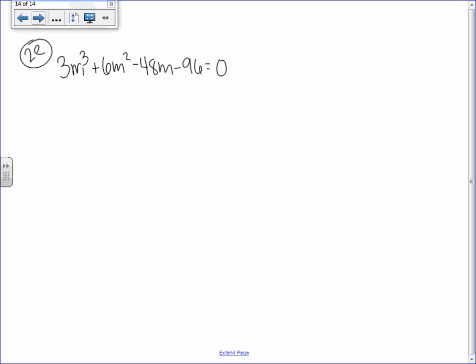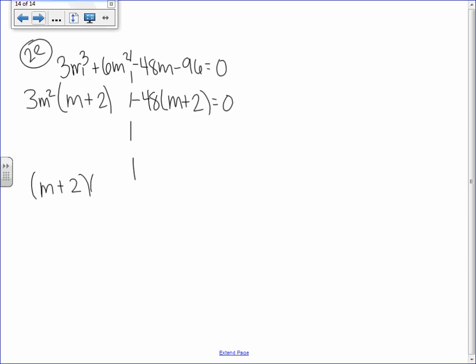First, on my left side, I have a GCF of 3m squared, and I'm left with an m plus 2. And on the right side, I just tested it in my calculator, there's actually a GCF of negative 48. And I'm left with m plus 2. So I got m plus 2, and I'm left with a 3m squared minus 48.